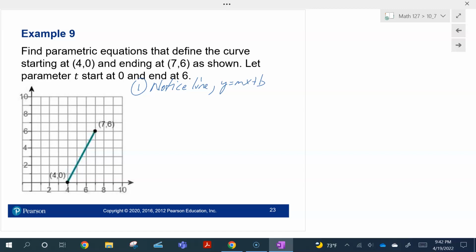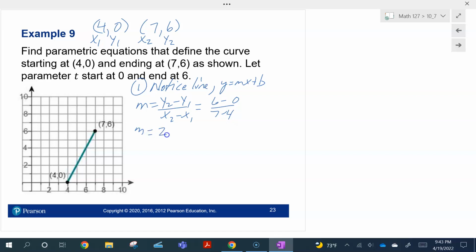Well, we need to know a slope, so let's find the slope: y2 minus y1 over x2 minus x1, given the points (4, 0) and (7, 6). Here's my x1, y1, and here's my x2, y2. Let's plug that in. We get 6 minus 0 over 7 minus 4, so our slope is 6 over 3, which is 2.